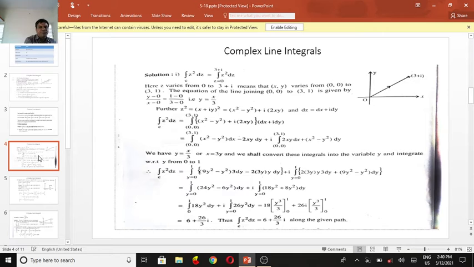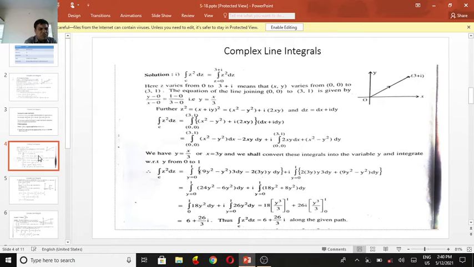Let's do it. Take a curve in the xy plane: a straight line passing through the origin, from z equal to 0 to z equal to 3 plus i.